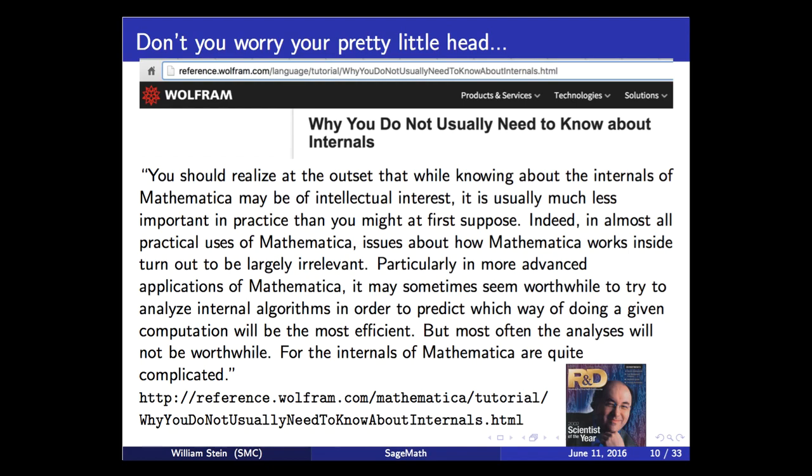Indeed, in almost all practical uses of Mathematica, issues about how Mathematica works inside turn out to be largely irrelevant. Particularly in more advanced applications of Mathematica, it may sometimes seem worthwhile to try to analyze internal algorithms in order to predict which way of doing a given computation will be the most efficient. But most often the analysis will not be worthwhile, for the internals of Mathematica are quite complicated.